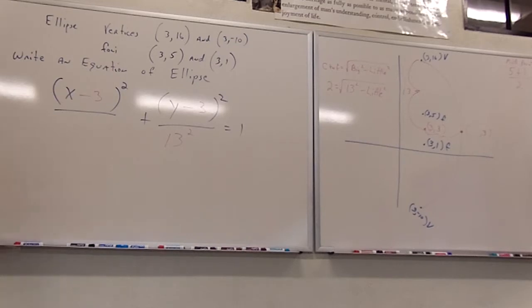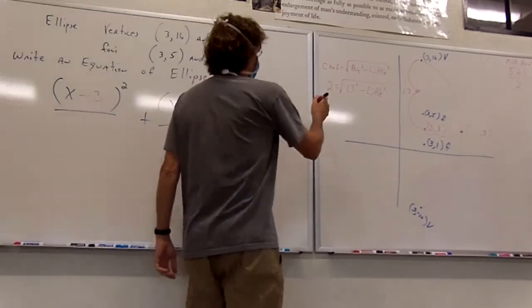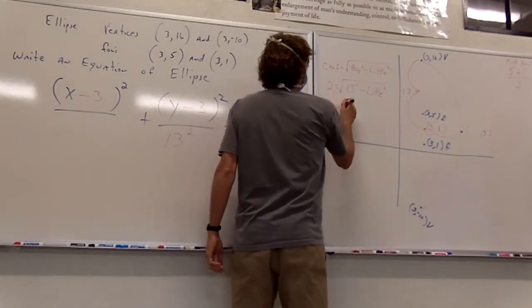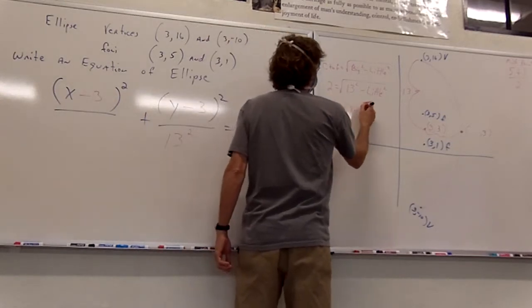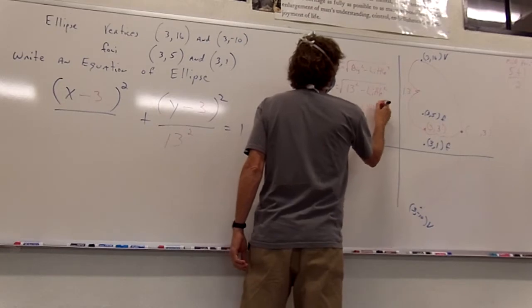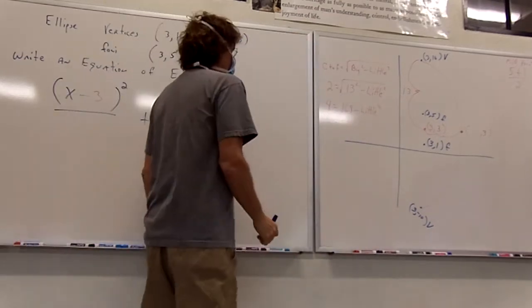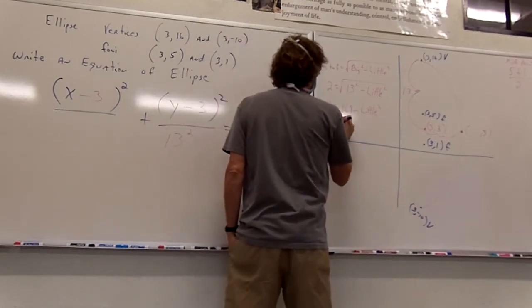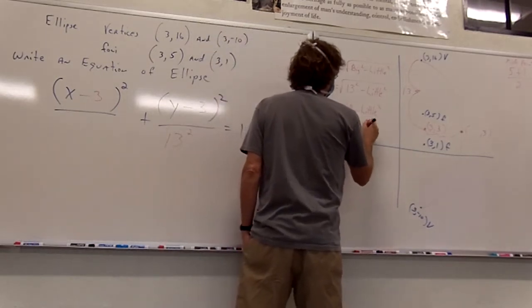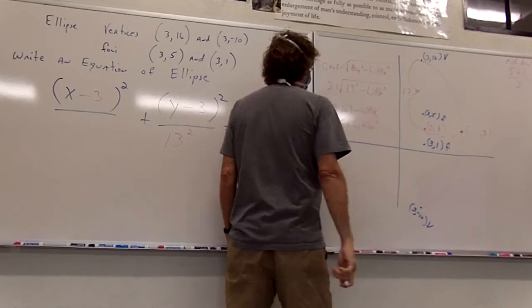Now, I'm going to square both sides. And I'm going to find out that I did not do a very good job of making a problem like I wanted. I'm going to get 165 is equal to the little distance squared.